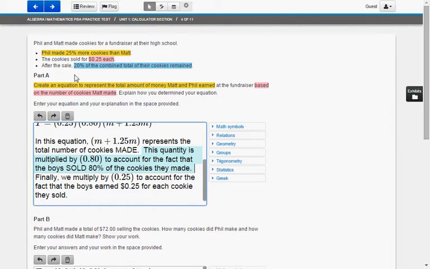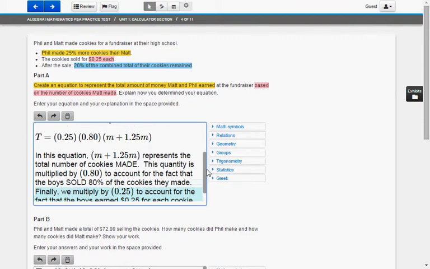We know that because it says that 20% of their cookies remained, so 80% were sold. And then finally, we multiply by 25 cents to account for the fact that the boys earned 25 cents for each cookie they sold. So there's an explanation of that equation.